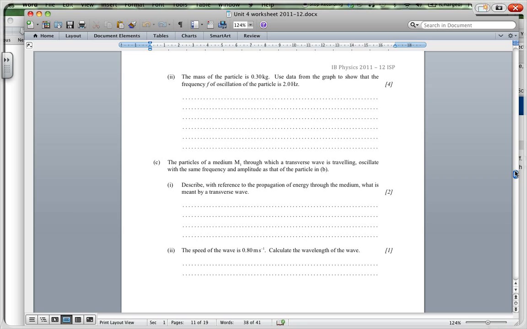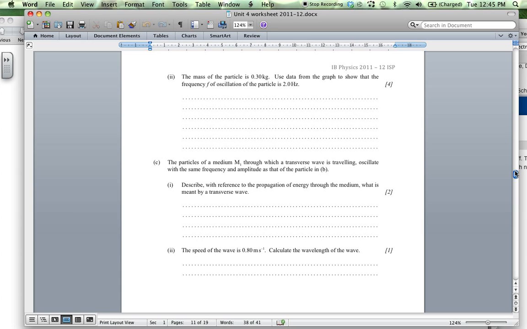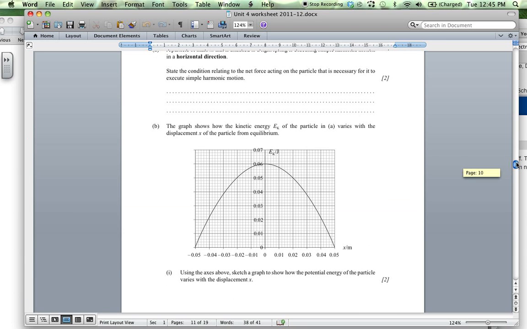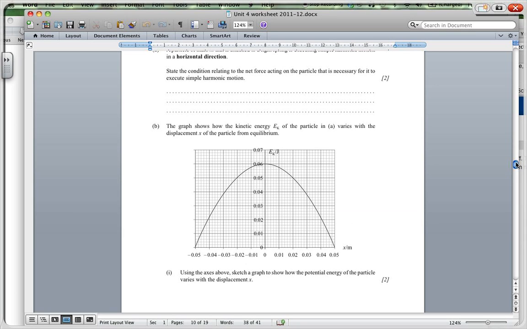Well, obviously the graph was looking at the energy, so we would want to use our energy graph. Let's just go back to the graph and see what information will be useful. So if I just go back up there, we see that we've got a maximum kinetic energy in joules of 0.06. So that's going to be important. So our maximum kinetic energy is 0.06.